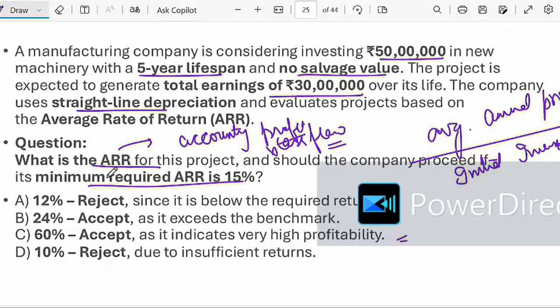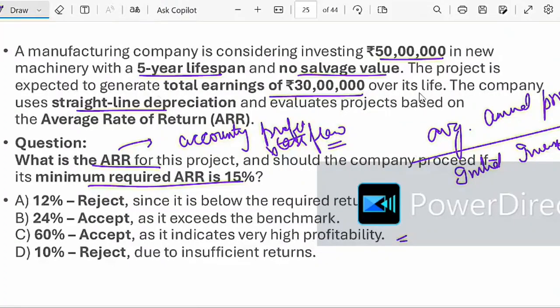So can you calculate what is the average annual profit in this case? The project is to generate total earning of 30 lakh over its life.